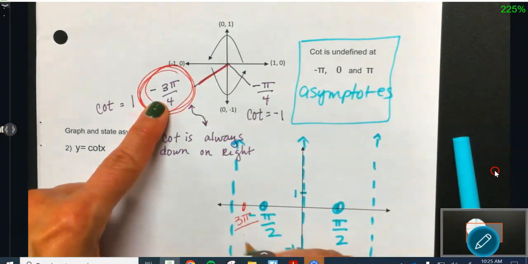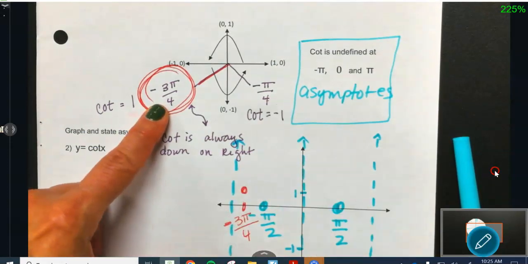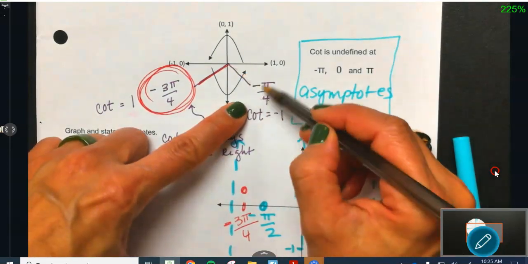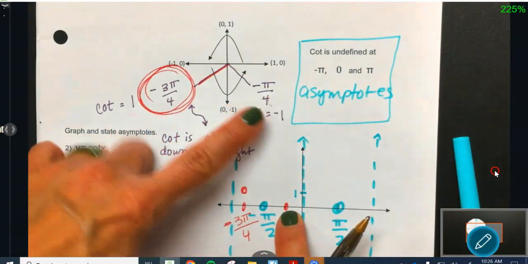3/4 is in between a whole and a half. This is negative 3 pi over 4. It's a positive 1. Now remember, I'm on the negative side, so I have to go down. What about this negative pi over 4? What does that give you?